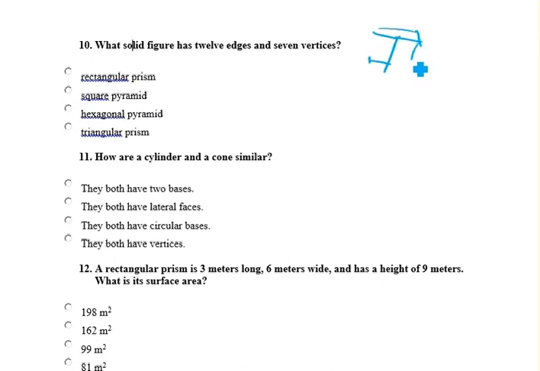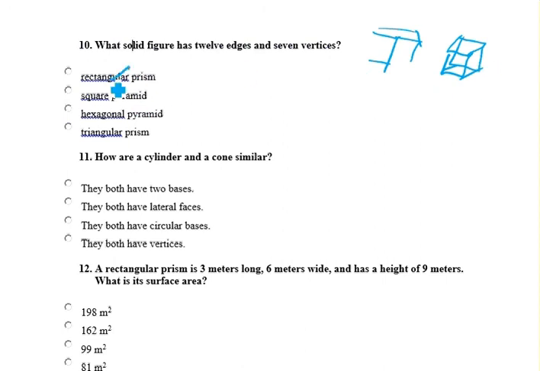I got 4 edges on the bottom and 4 on the top, and 1, 2, 3, 4 around the side. So 4, 4, and 4 is 12. How many vertices? I got 4 on the bottom, 4 on the top. I got 8. So this has 12 and 8, so that's not a good answer.